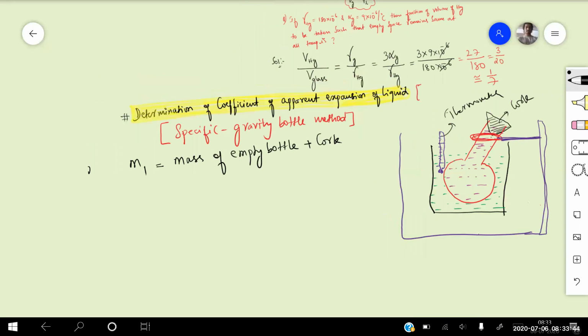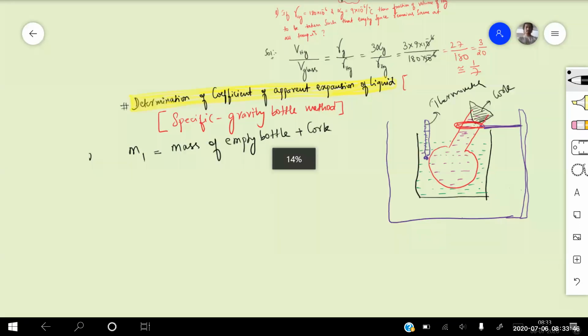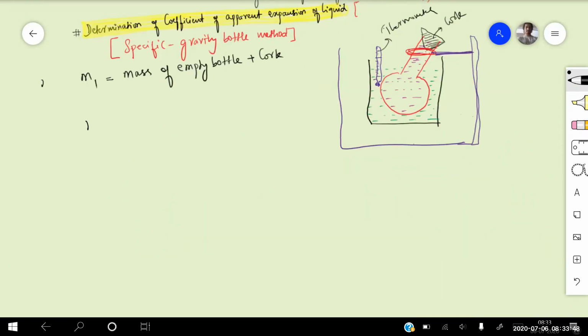Now the next one is M2. M2 is equal to the mass of the bottle plus the liquid we are filling it with at T1 degrees centigrade.